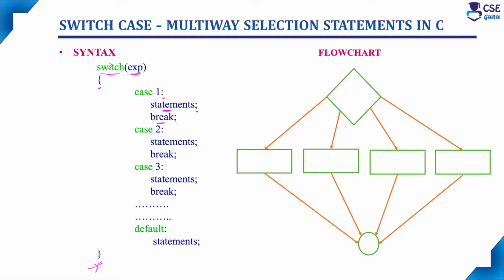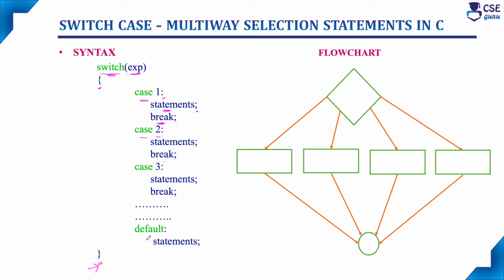The switch, case and break are all keywords. Next is the next alternative, case 2 with a colon, then any number of statements under this case, each ending with a semicolon, and at the end the break statement with a semicolon. Similarly case 3, case 4, case 5; likewise we can specify any number of case alternatives within the switch statement.